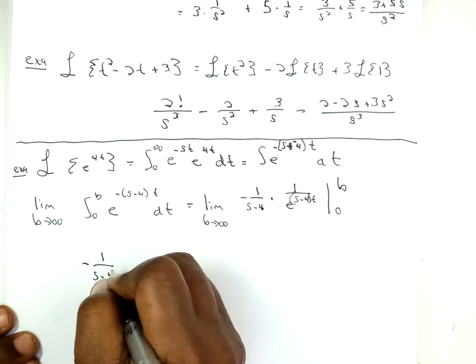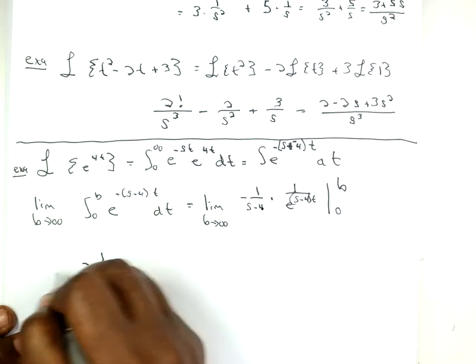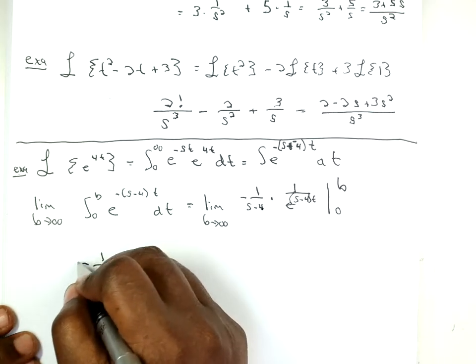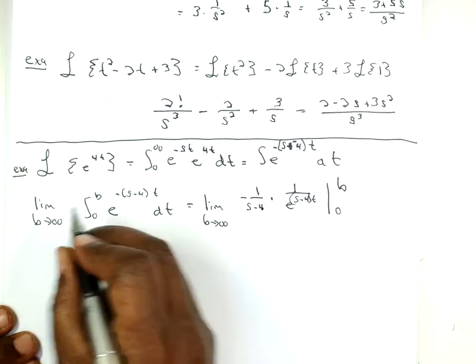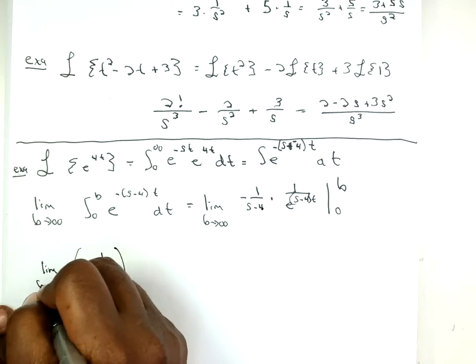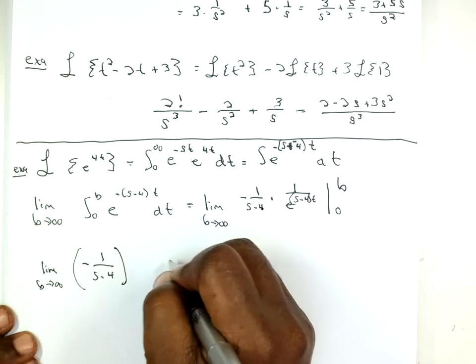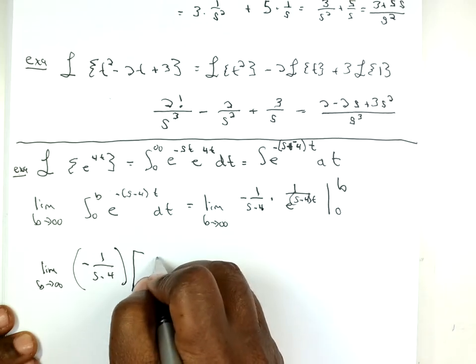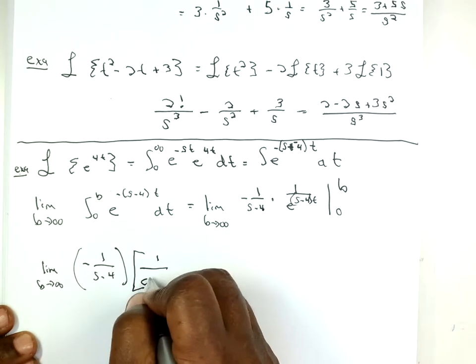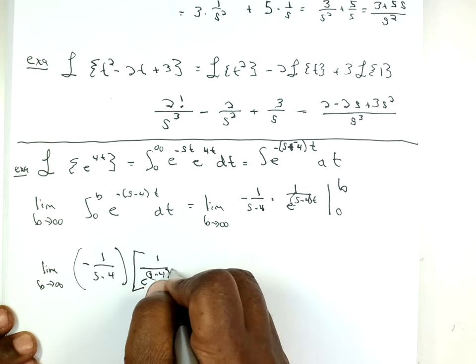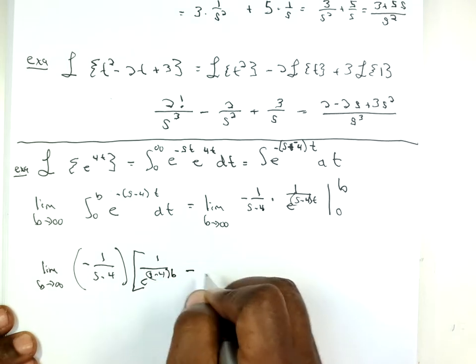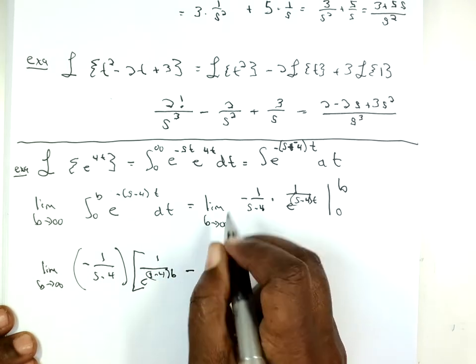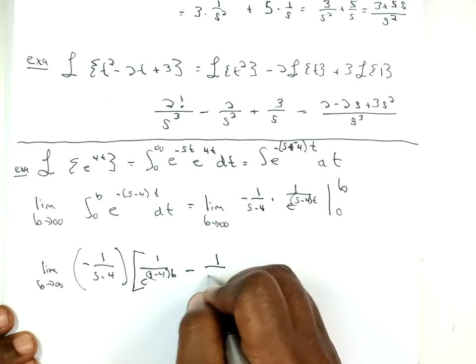So that negative 1 times s minus 4, I'm just going to factor it out for now, and then we can multiply it back through. So when I plug in b, I get 1 over e to the s minus 4 times b minus 1 over e to the 0.